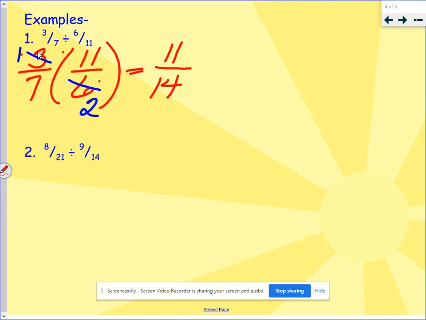Example number 2. Keep, change division into multiplication, and take the reciprocal of the second fraction or flip the second fraction into 14/9. We look to see if there's any cross canceling.